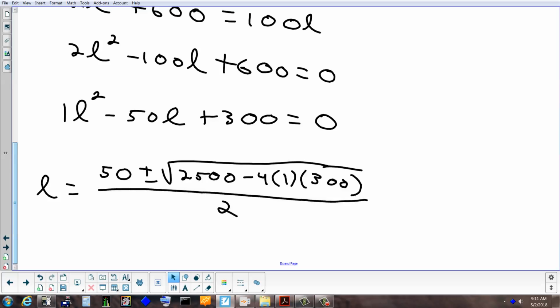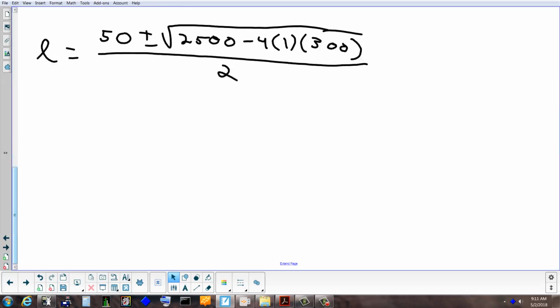All right, so I can definitely see we're not getting a nice square root out of that. We have 2,500 minus 1,200. So that's going to be the square root of, what's 2,500 minus 1,200? Trevor? What's the square root come out to there?